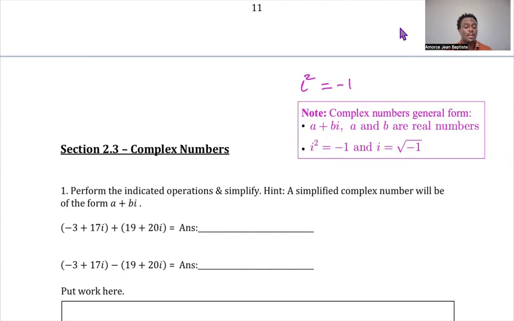But its square is negative one. That makes i equal the square root of negative one. So we have those two important properties that we need to keep in mind as we work with complex numbers.